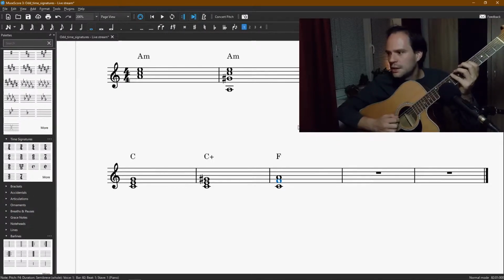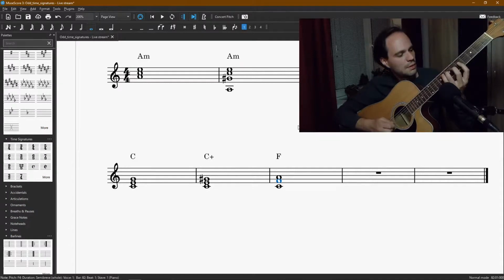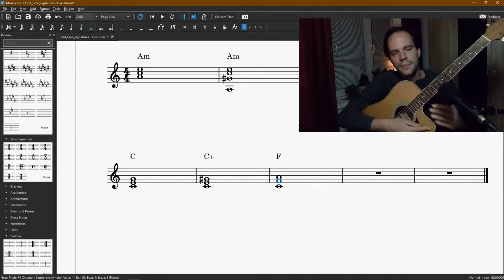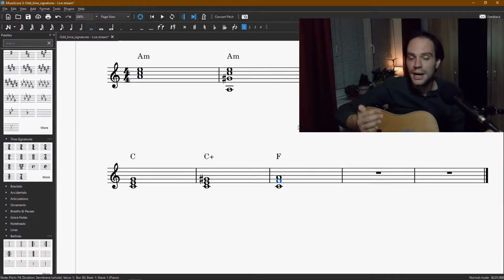Yeah, I know what you mean. For example, what you could do is the pentatonic scale. You could do that. Or you can just stick to notes of the A minor scale, so that would be diatonic.